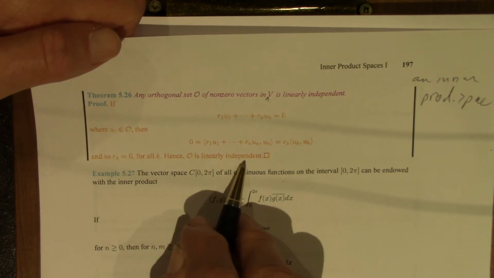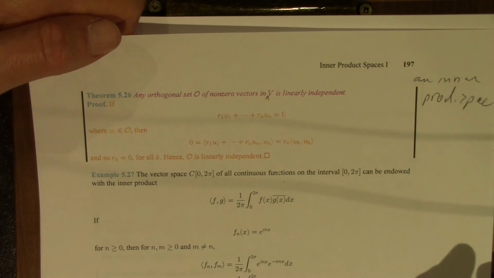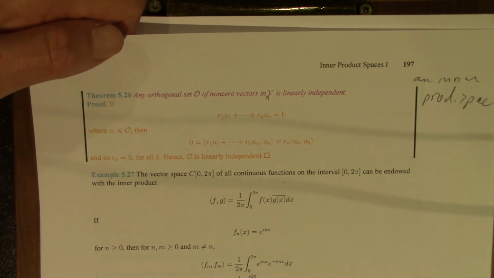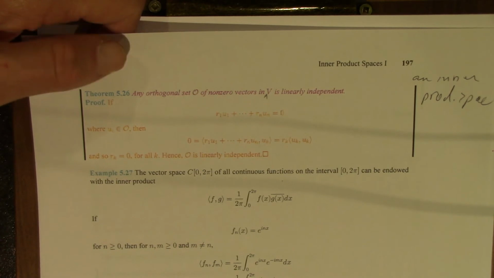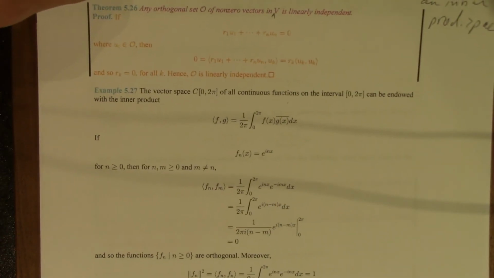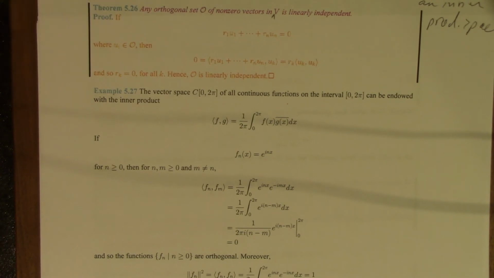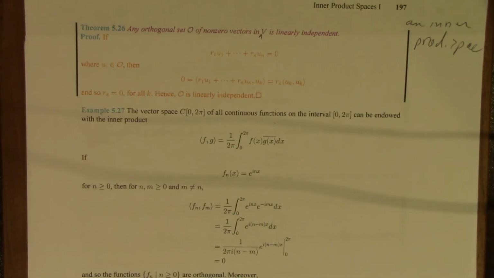So O is linearly independent. Orthogonal sets of non-zero vectors are linearly independent. That makes a lot of sense when you think about R2 and R3. They're pointing in perpendicular directions. It sounds a lot like they're linearly independent.